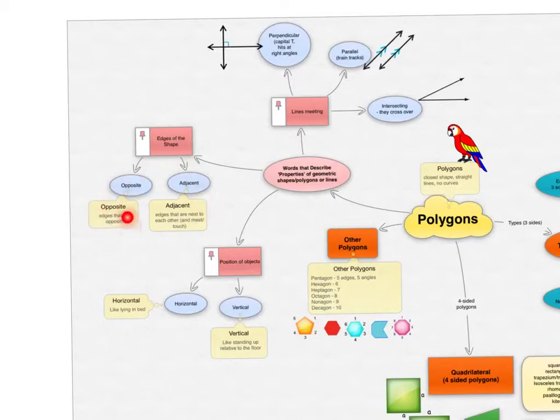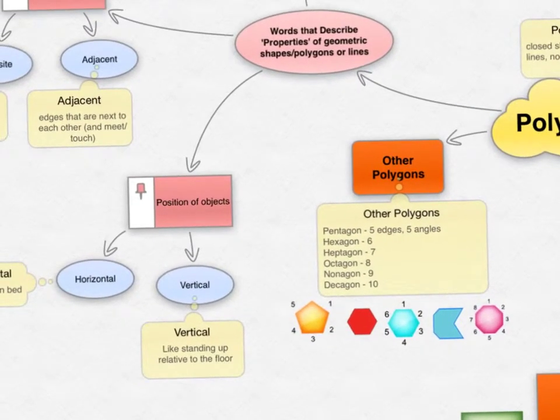So opposite edges are across from each other, and if we'll just look at one example here, so side 1 and 4 are kind of opposite. 1 and 4 here certainly are, and 5 and 2 are opposite, and 6 and 3. So that line and that line are opposites, and the other compared with, where has it gone?